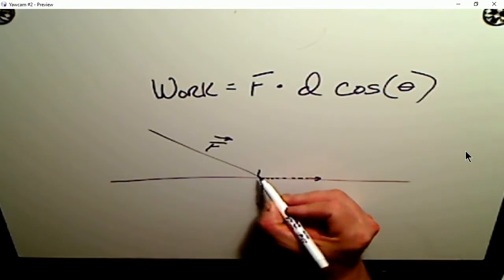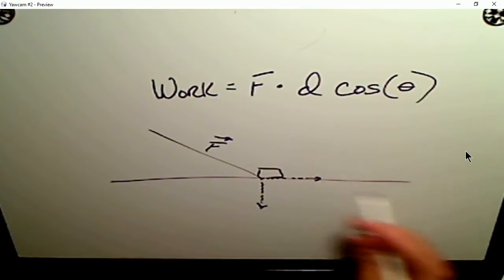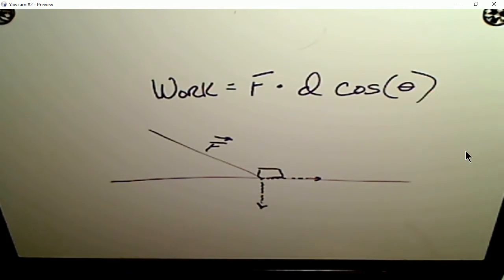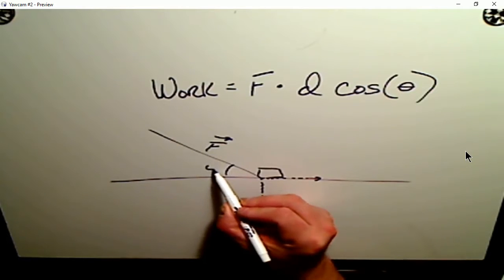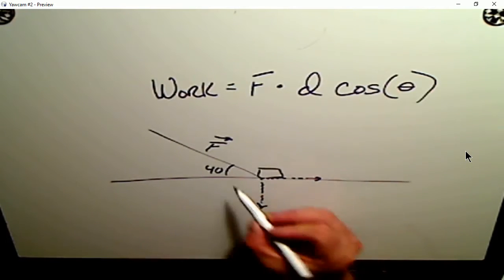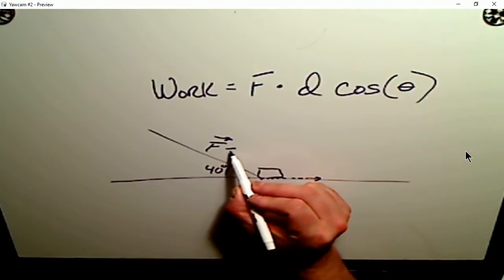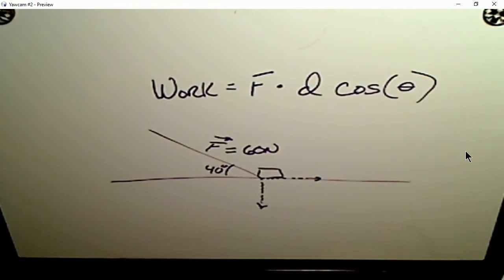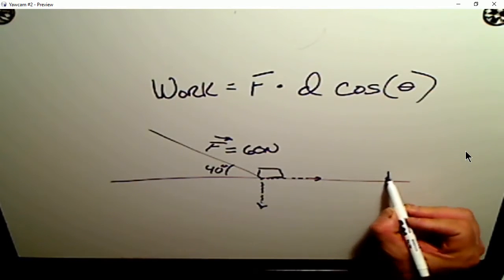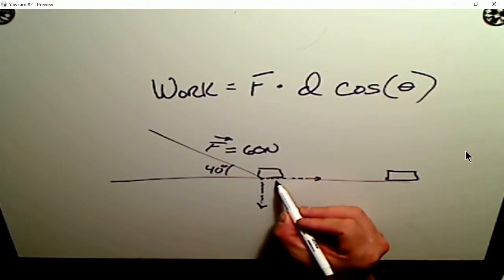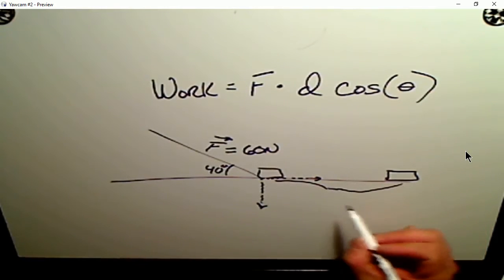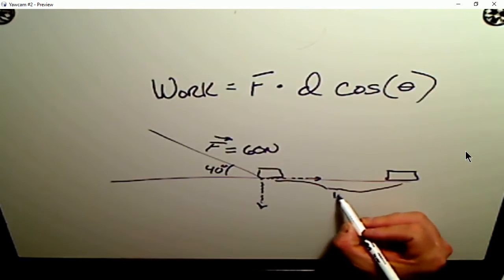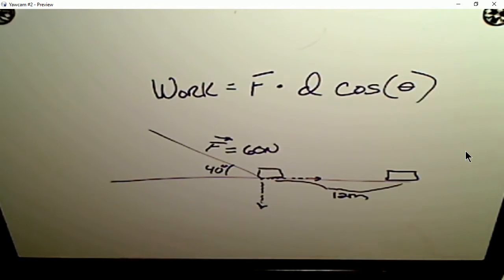Let's say I'm pressing on this box to get it to move, and I'm pressing at an angle, let's say of 40 degrees. If I'm pressing with a force of 60 newtons, and I am moving this box a total distance of let's say 12 meters, I can calculate how much work I'm doing.